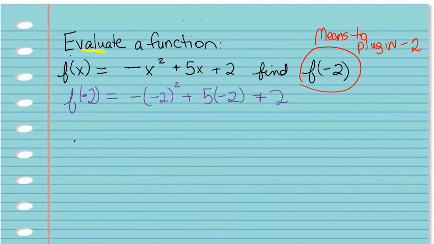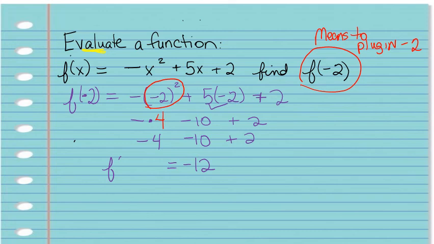I've got to do my exponent first, so that's going to give me 4, but then that's multiplied by a negative, so that's a -4. And this is going to be -10 plus 2. And so that's going to be -14 plus 2, which is -12.